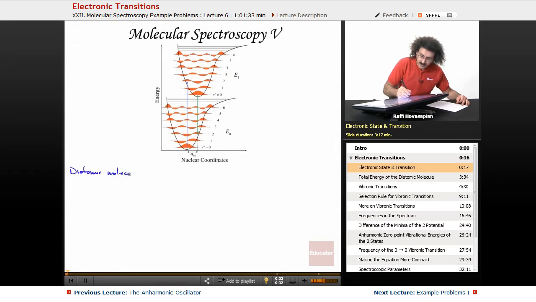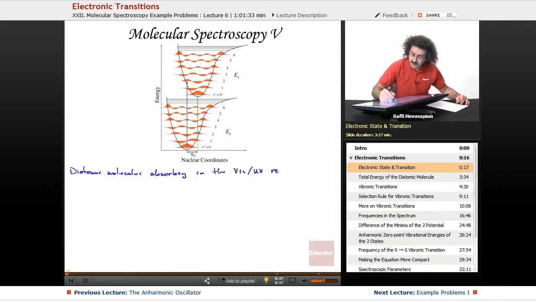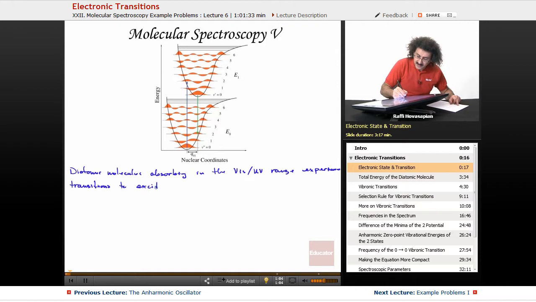So diatomic molecules absorbing radiation in the visible ultraviolet range experience transitions to excited electronic states.